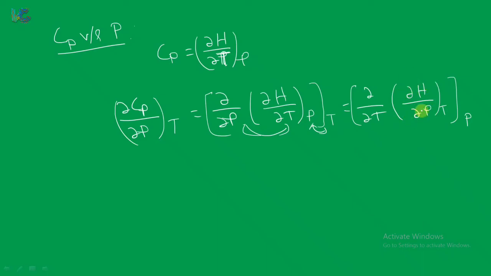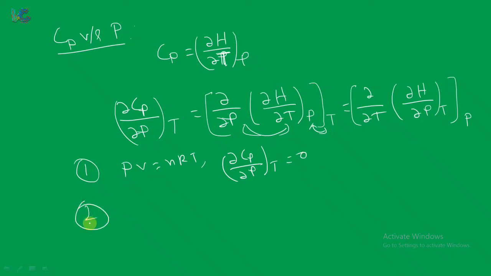Now this value ∂H/∂P at constant T you can get from the second thermodynamic equation of state, for the ideal gas and for non-ideal gases also. For PV = nRT, the ideal gas, you know that ∂H/∂P at constant T is 0. That means ∂Cp/∂P at constant T will be equal to 0.